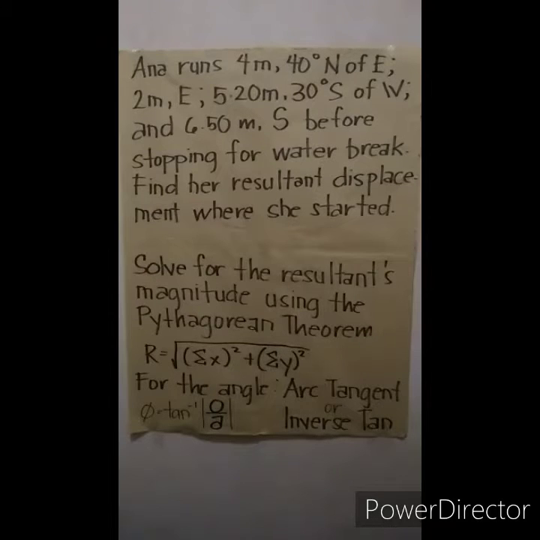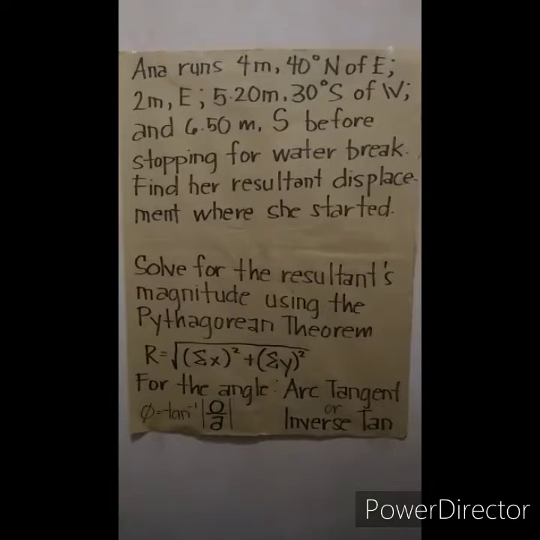The third vector, 5.20 meters going 30 degrees south of west. And 6.5 meters going to the south. Anna runs those vectors, 4 directions, before stopping for a water break. Find her resultant displacement from where she started.